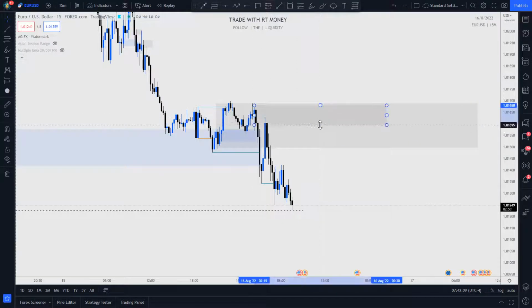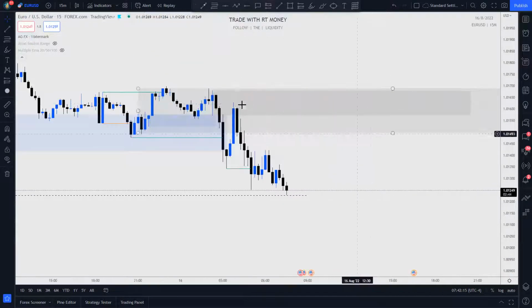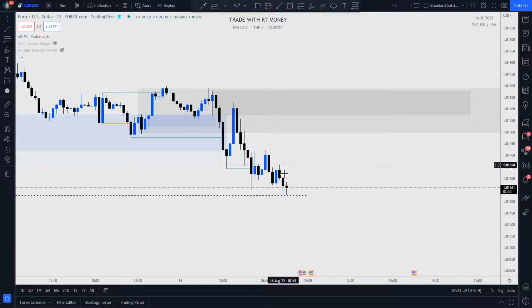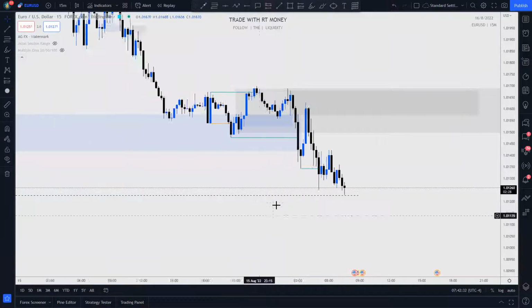The actual supply zone was the width of this candle, the range of this bullish candle. Price comes up, and this would have been a great time to take a short during London. It broke structure, and now we have price dithering.